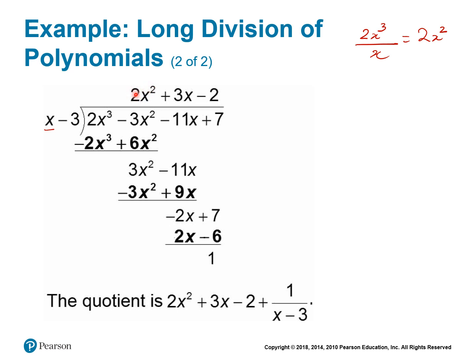Now, once we get the first term in the quotient, we multiply x minus 3 with 2x squared, correct? So 2x squared times x is positive 2x cubed. And this is what I don't like in the way they have worked it. 2x squared times x should be positive 2x cubed.